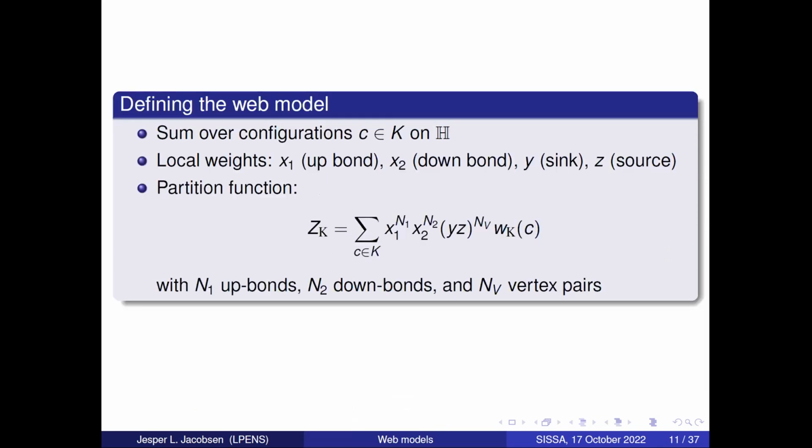And so my web model is defined now as follows. So I give local weights, x1, x2 to up pointing and down pointing bonds, y and z to sinks and sources. I'll later take x1, x2 equal and y and z equal. And then I multiply by this non-local weight that I call w_K for Kuperberg.